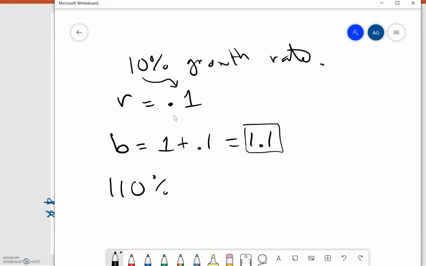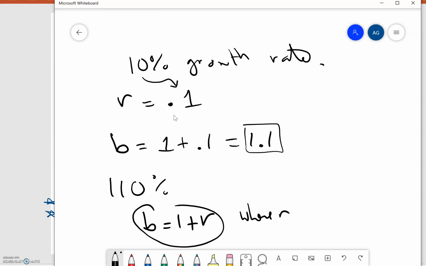If you have no growth, you're remaining constant, then you just have 100% of what you started with, so your factor would just be 1, right? Which, by the way, remember we said b is not equal to 1, and that's why, because that wouldn't have any exponential growth to it. But anyway, the point is that b is equal to 1 plus r, where r is the growth rate.